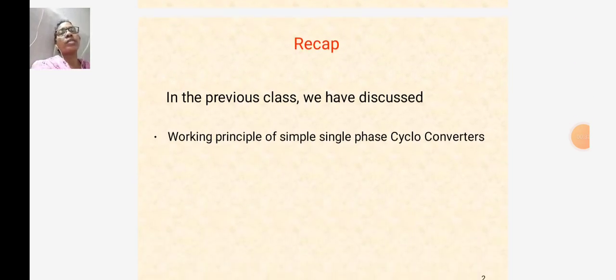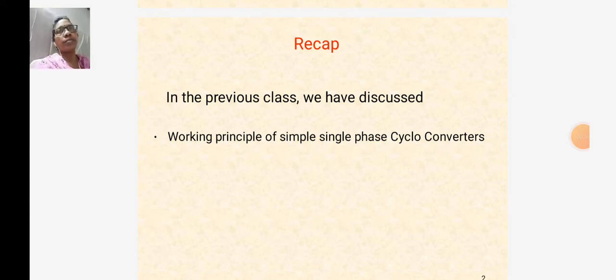In the previous class, we discussed the cycloconverter basics, the working principle of the simple single phase cycloconverter, and step up and step down.